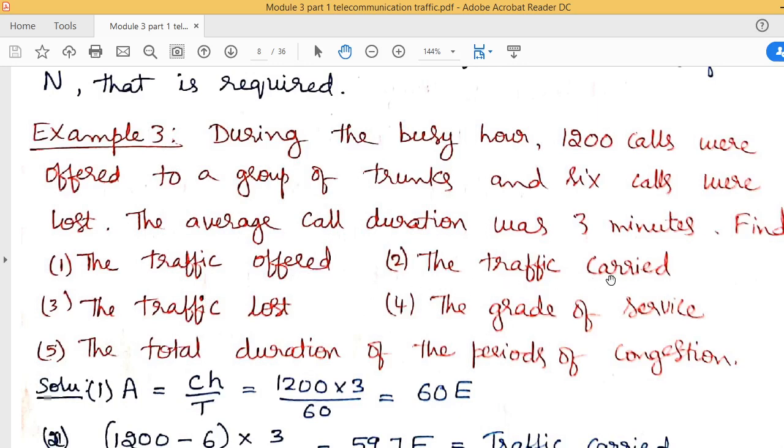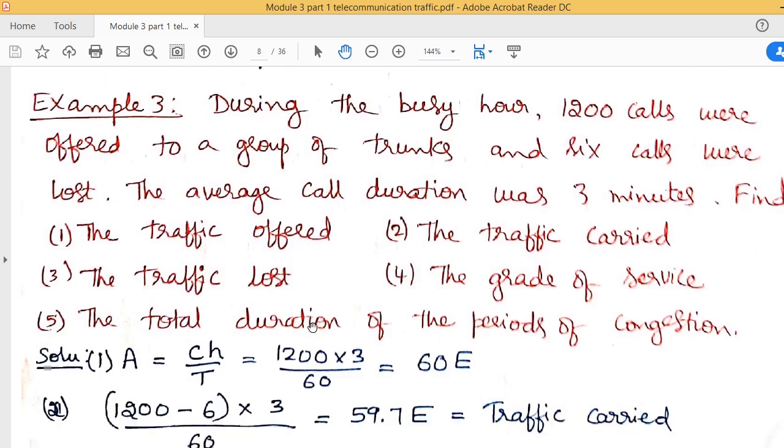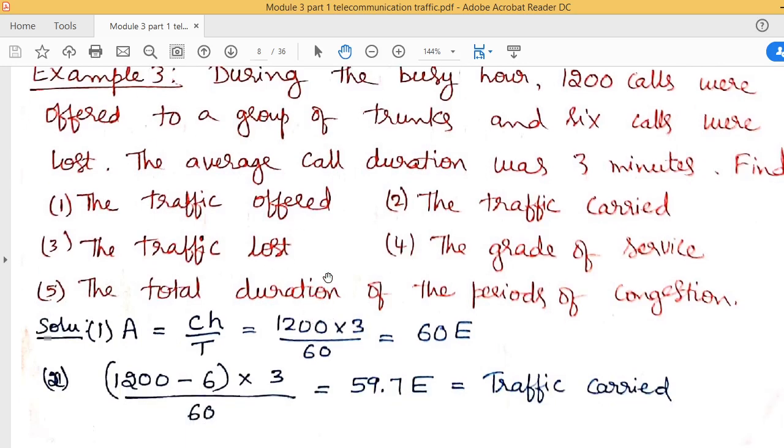Coming to the traffic carried by the system, please note that the traffic carried is equal to what? Traffic offered minus traffic lost, right? Right now, out of 1200, 6 calls are lost.